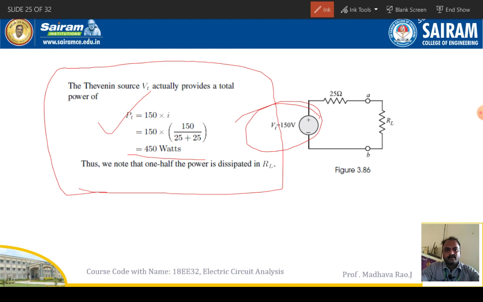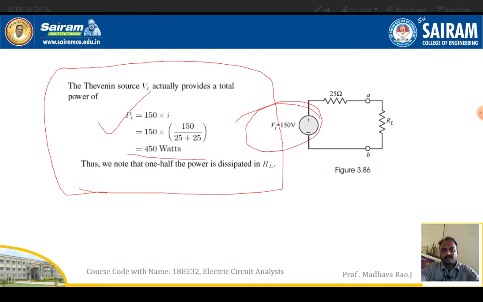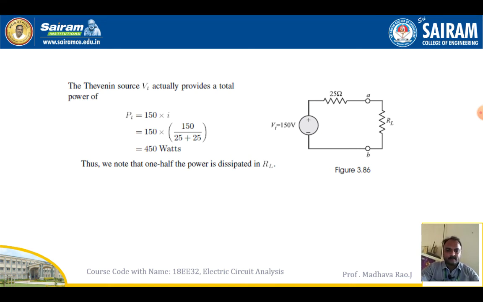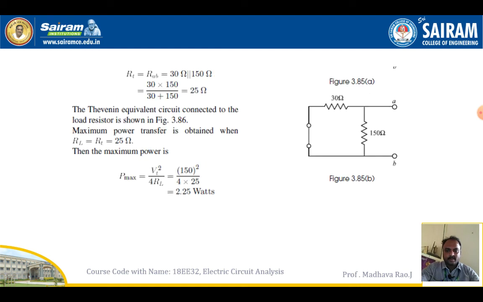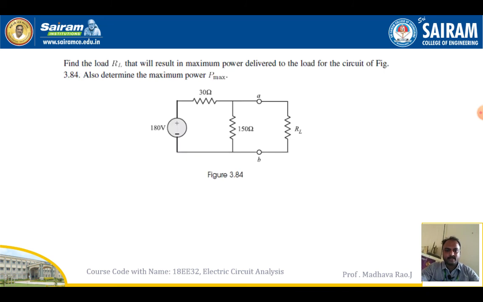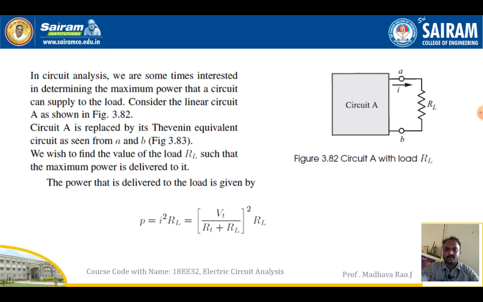Okay. So this is a problem based on Thevenin's equivalent resistance in the maximum power theorem. First, once again we will revise the maximum power theorem statement, and we will move to the next topic in the next video.